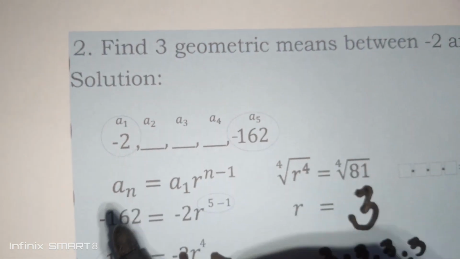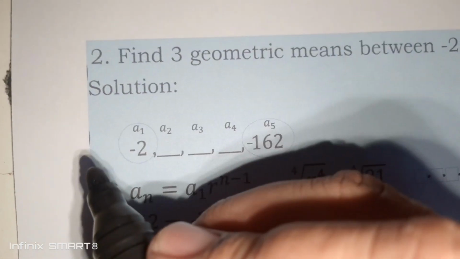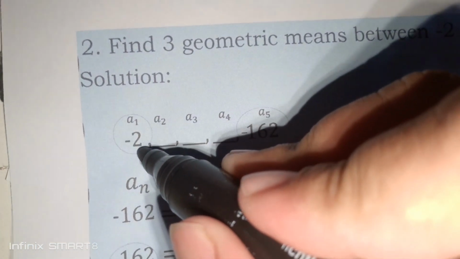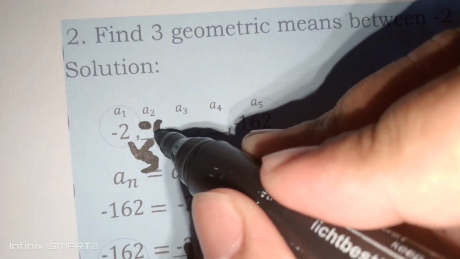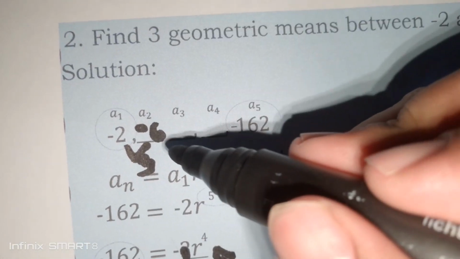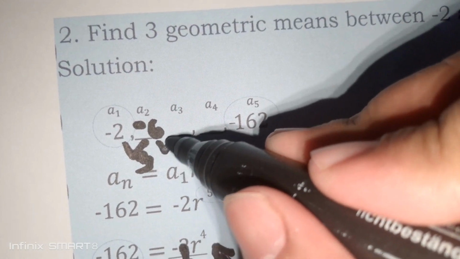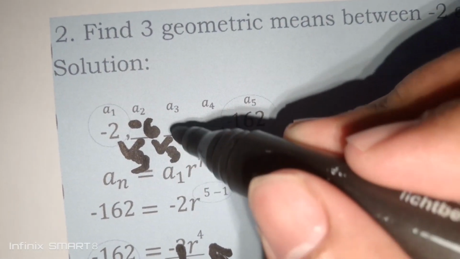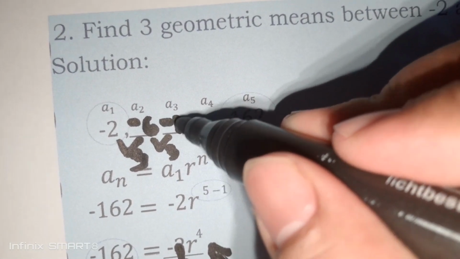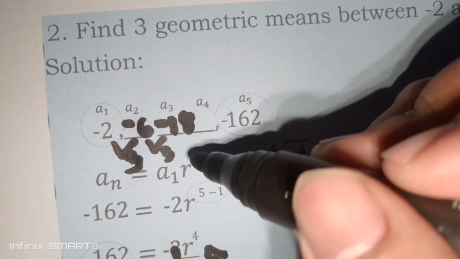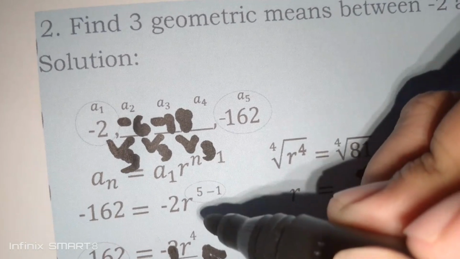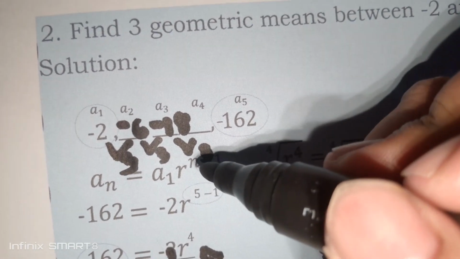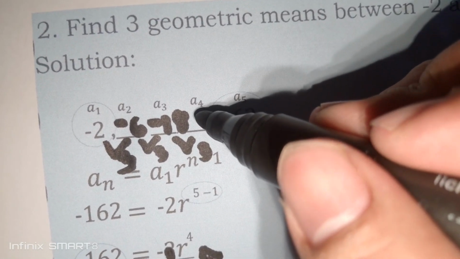Yes, if you have the first term negative 2 times 3, your common ratio r, giving us negative 6, and negative 6 times the computed 3 giving us negative 18.